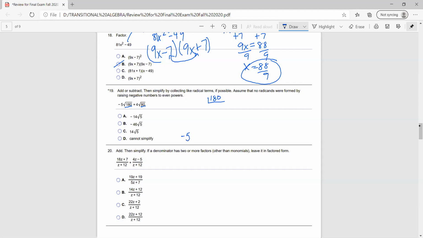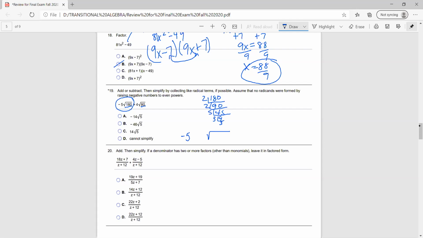We already have a negative 5 outside of the square root on this one, so I'm going to leave it there. I know that 2 will go into 180 90 times. 2 will go into 90 45 times. 5 will go into 45 9 times. 3 will go into 9 3 times.